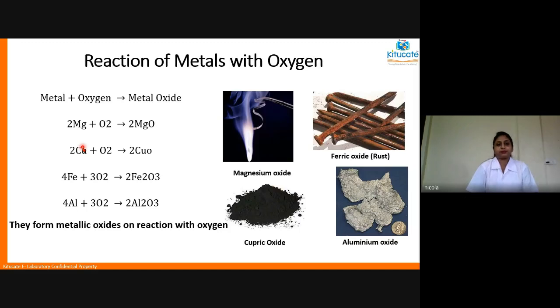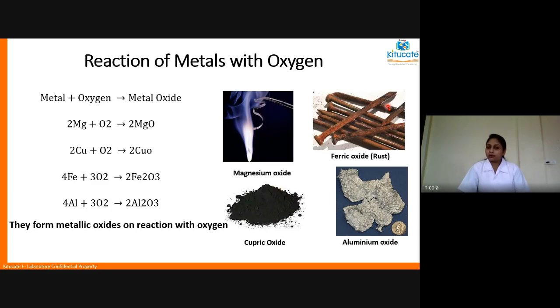All right. Now, what is the third reaction? The third example is of iron. When iron reacts with oxygen, ferric oxide is formed, which we also call rust in simple terms. So when iron reacts with oxygen in the presence of moisture, rust is formed.